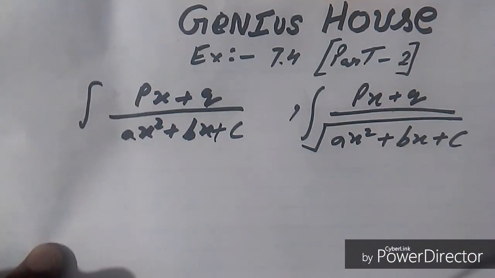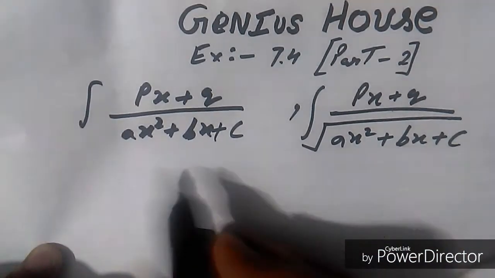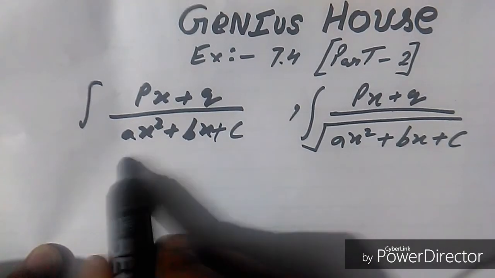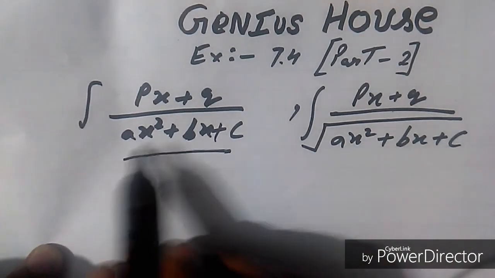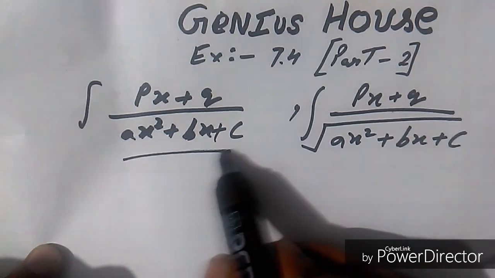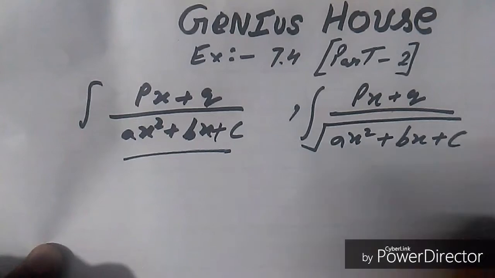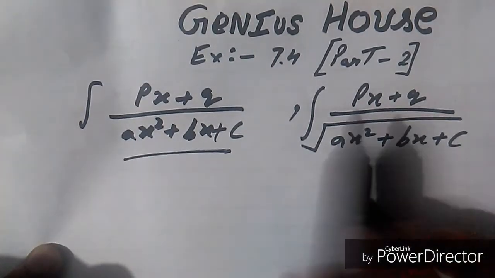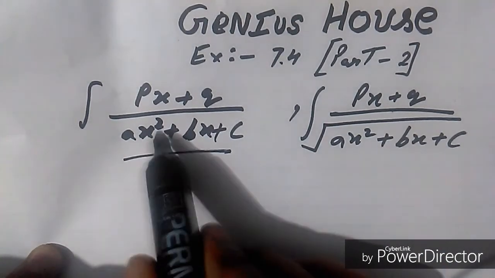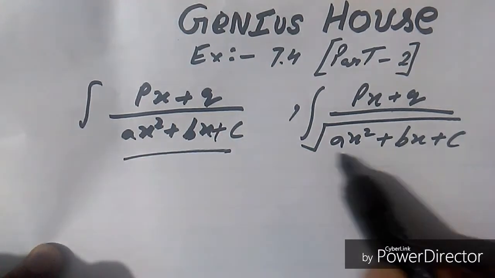First of all, that is so simple, both equations are the same. One similarity is that, and one difference is the under root, and we forget this under root and we take ax square plus bx plus c.